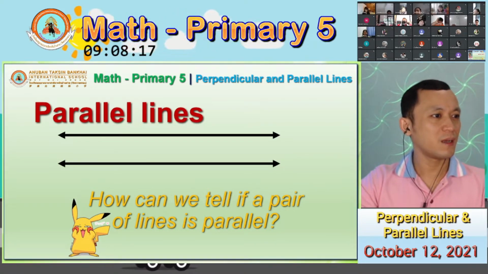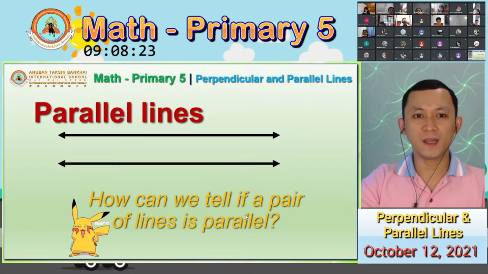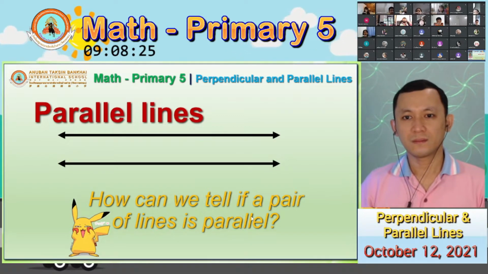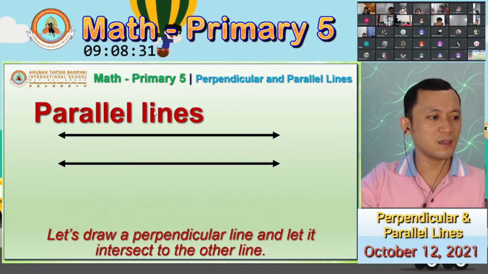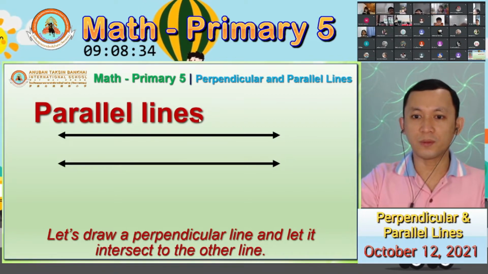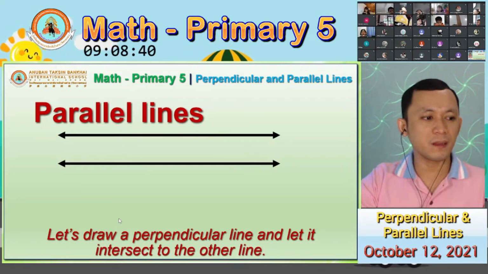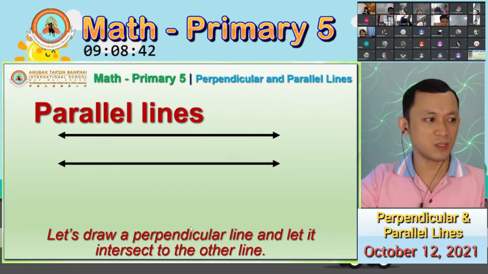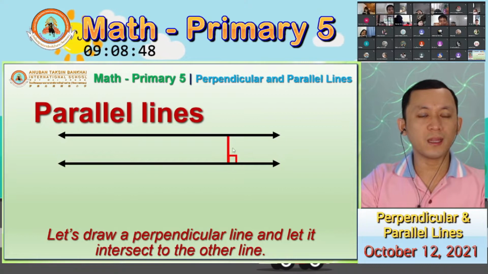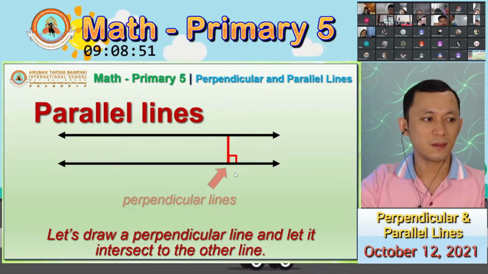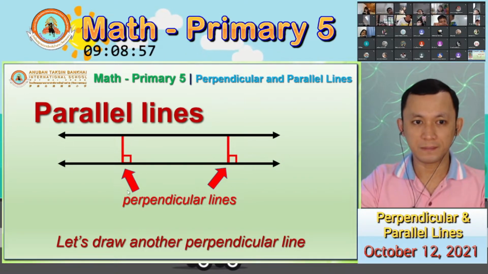Pikachu asks, teacher, how can we tell if a pair of lines is parallel? Okay, this is how we are going to prove that it's parallel. Let's first draw a perpendicular line and let it intersect. This one is a perpendicular line, and this one is also a perpendicular line.